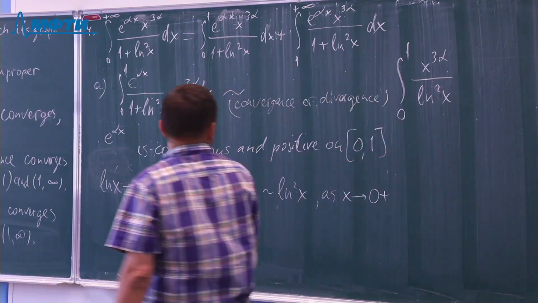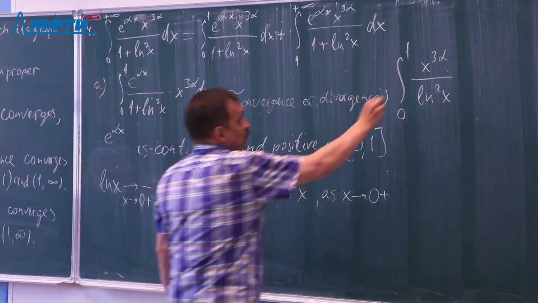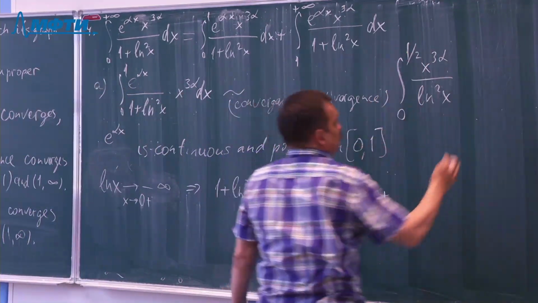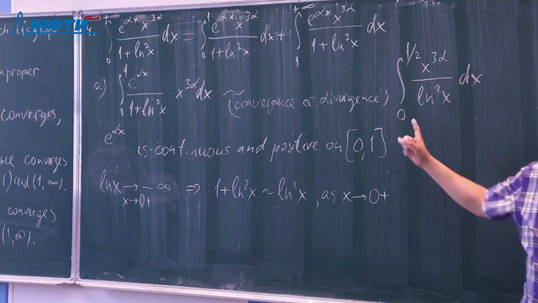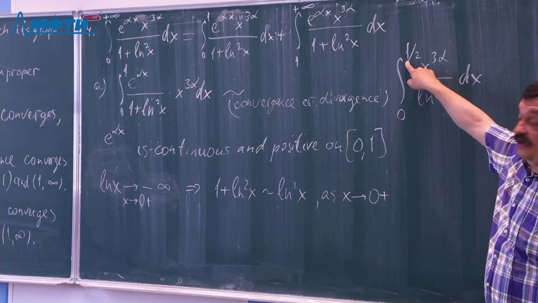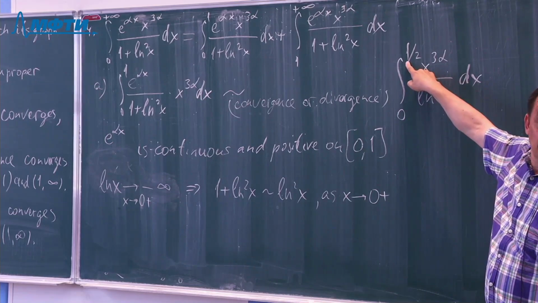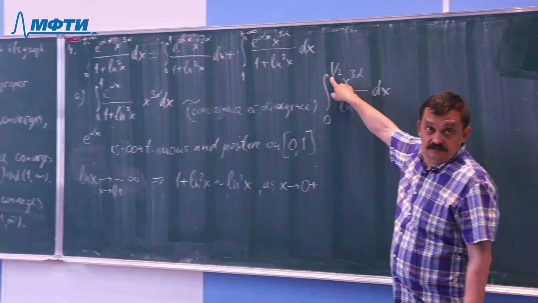That is equivalent to this integral of x power 3 alpha over logarithm squared x. Sorry, maybe to exclude 1. Let me forget about 1, because I'm interested only in the singularity at 0. If I let 1 be here, what happens?